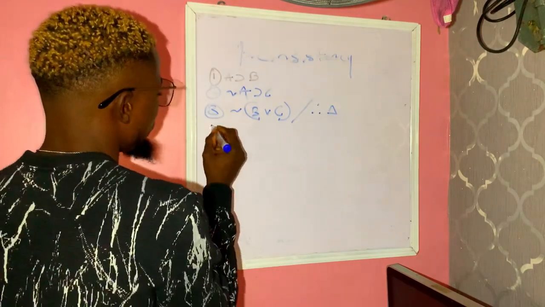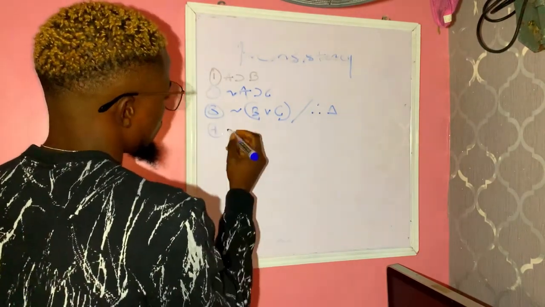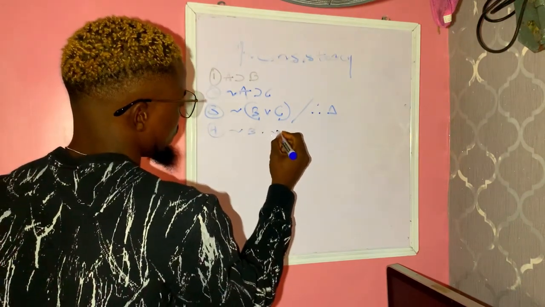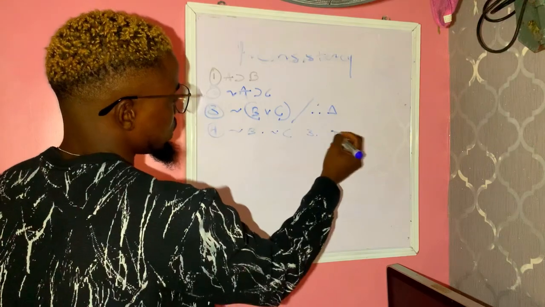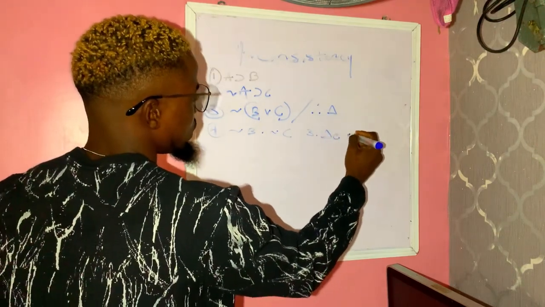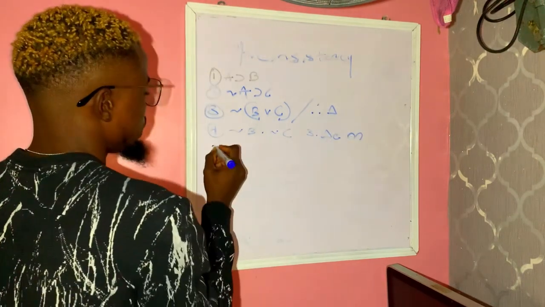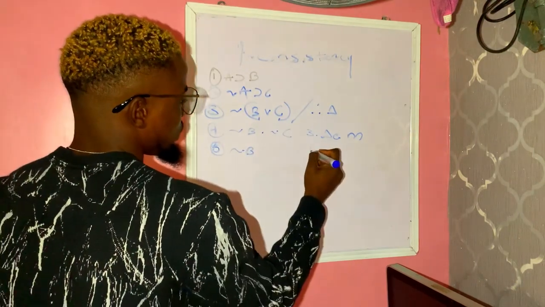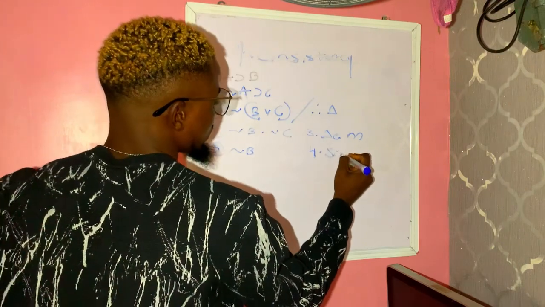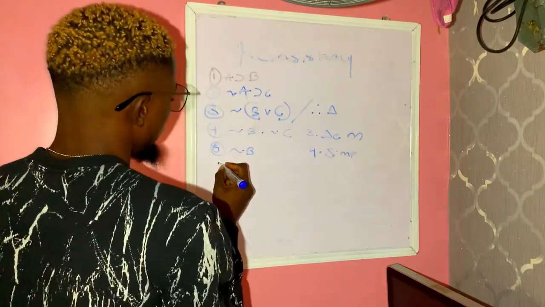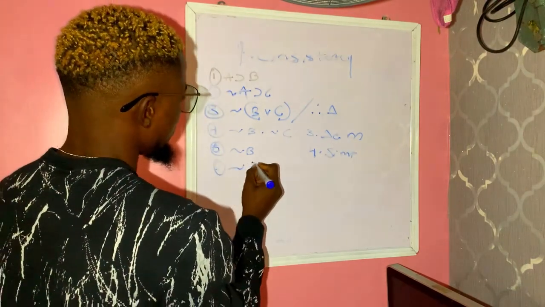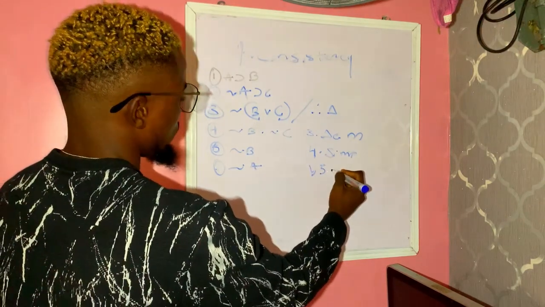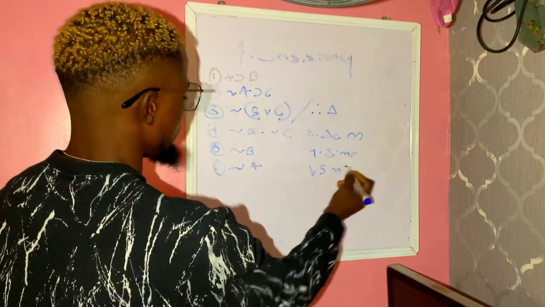So we can say line 4, negation B and negation C, 3, De Morgan's theorem. Then line 5, negation B, 4, simplification. Then line 6, negation A, that's 1 and 5, modus tollens.